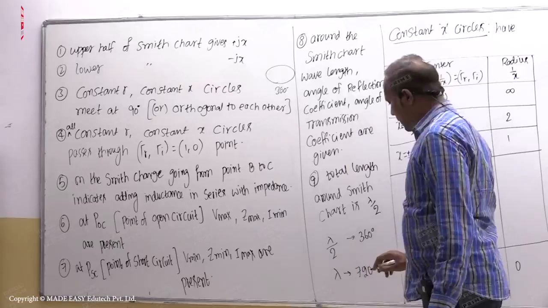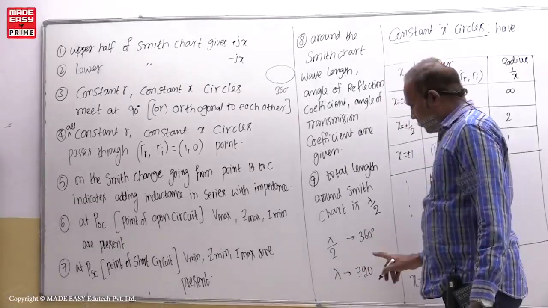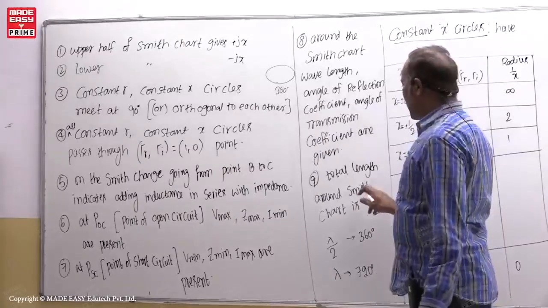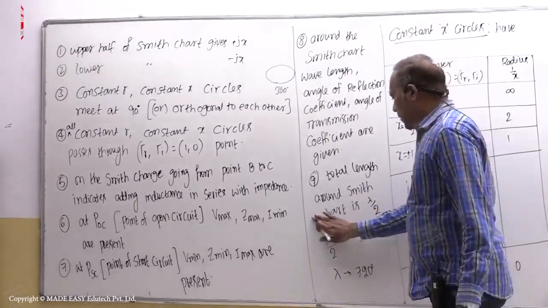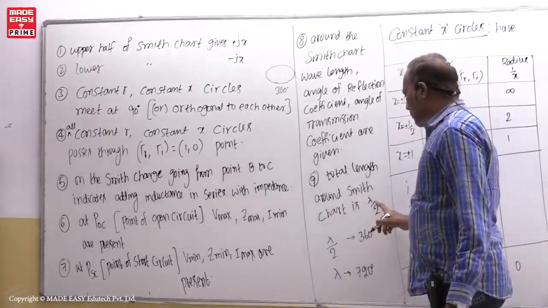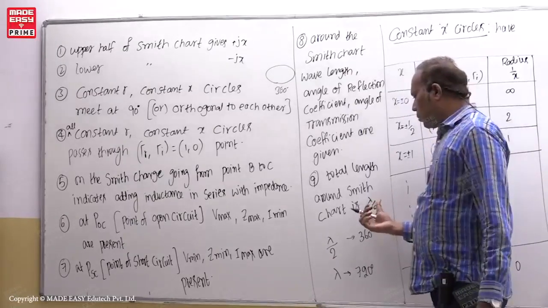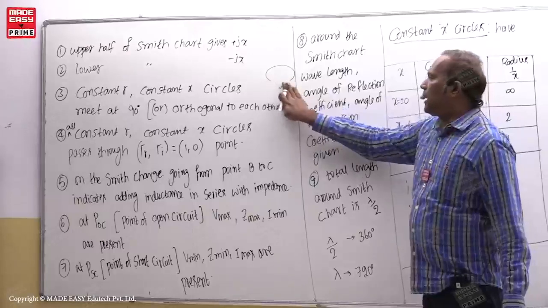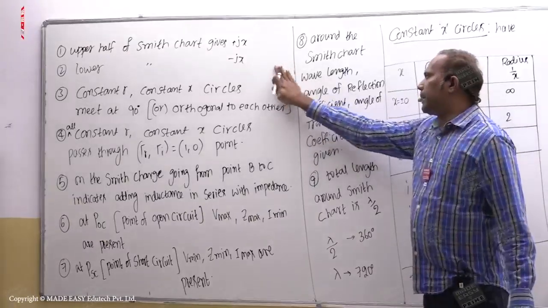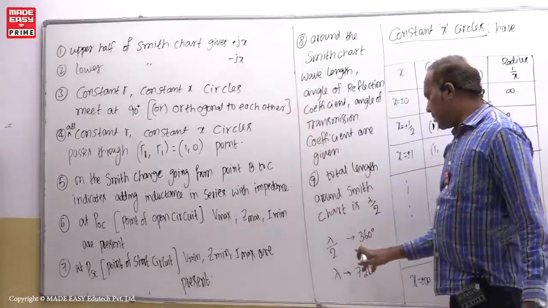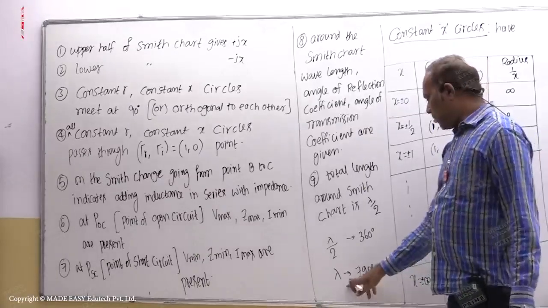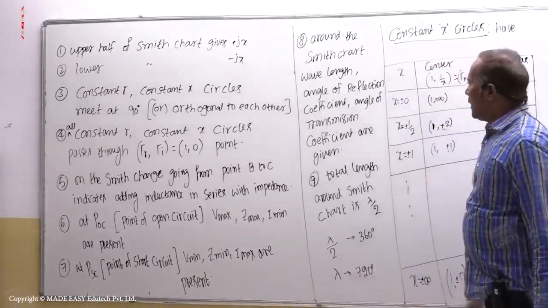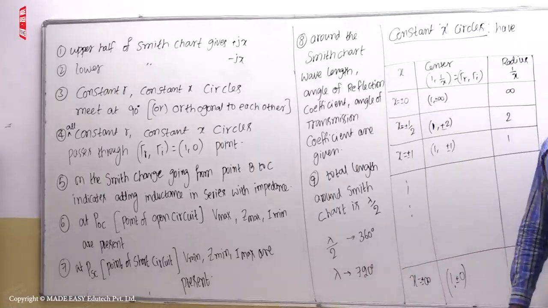So total length around the Smith chart represents lambda by 2. But in terms of degrees, if you draw any circle, then automatically overall angle is 360. So now lambda represents 720. Okay. So these many points you have to revise.